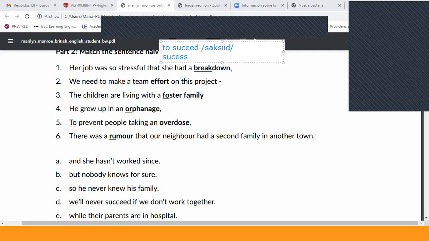Éxito is success, okay? And then we have the word grew up. The pronunciation of this is grew. Grew up, okay? Any question about it?